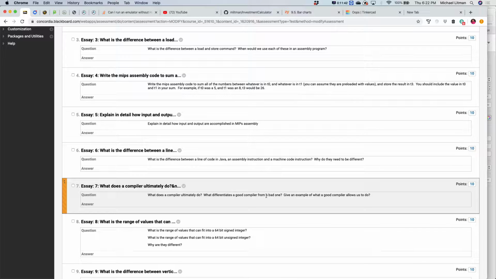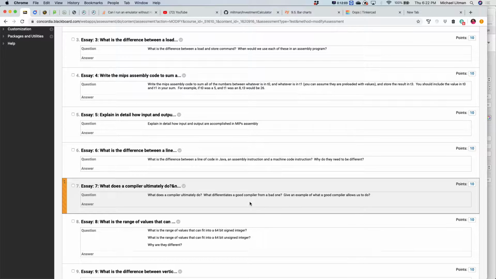So a compiler is accurate if it turns your high-level code into functionally equivalent low-level code. Now, a better compiler would turn it into optimized, functionally equivalent low-level code. That's what makes one compiler better than another.